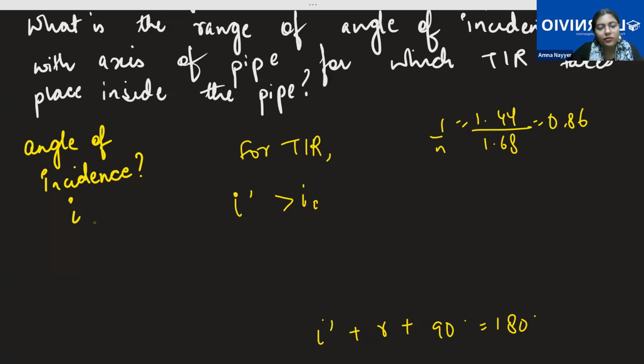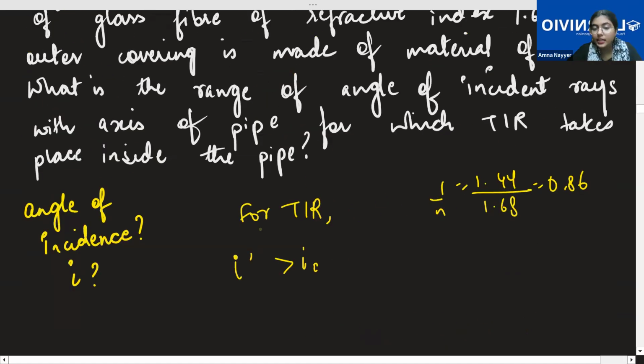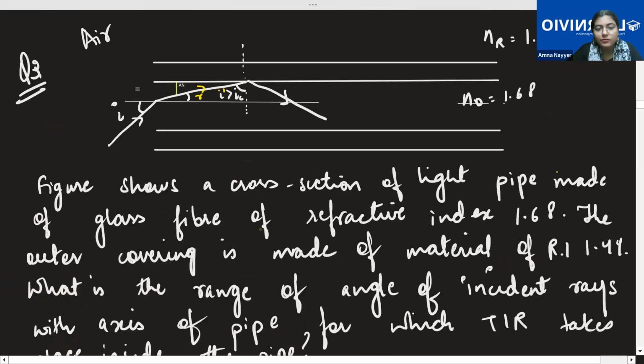So it says what is the angle of incidence, right? So I have just taken that I dash wherever TIR is occurring. This is one of the applications we'll discuss also. So this angle is greater than the critical angle. For total internal reflection to take place, this I dash has to be greater than the critical angle.